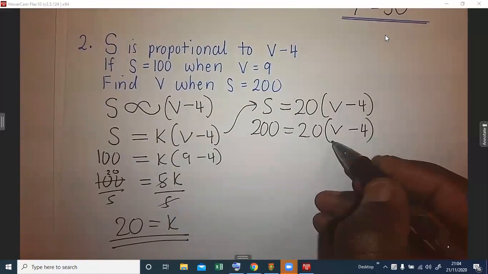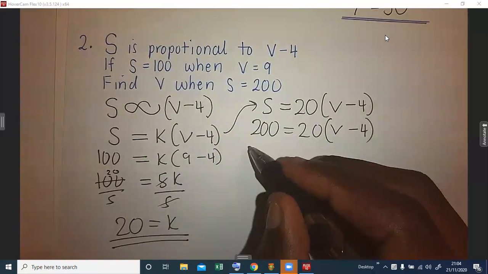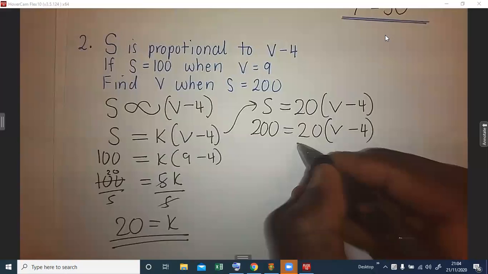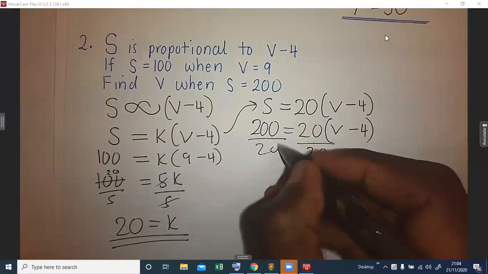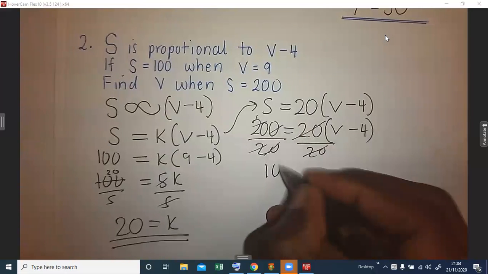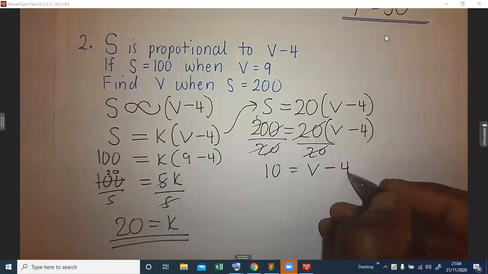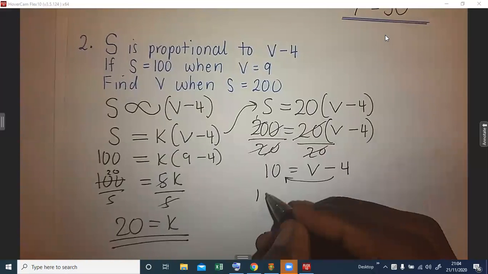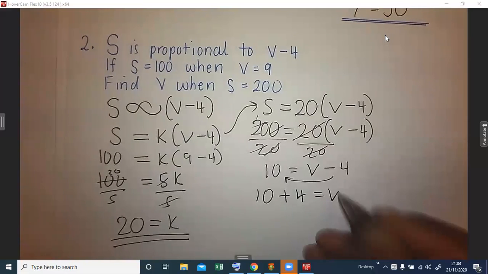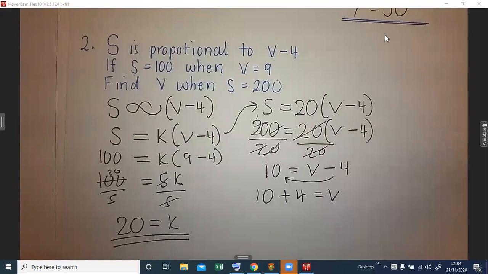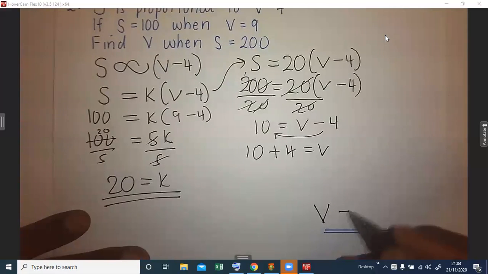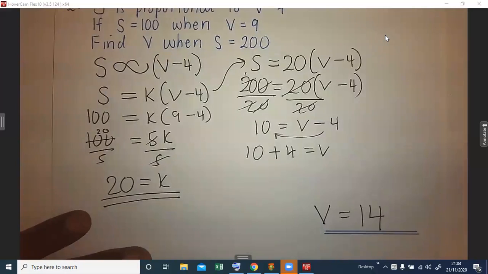You can divide by 20 both sides and it goes away, or you can open the bracket first and then work it out. I'm going to divide by 20 both sides. Then this side is left with 10. So 10 is equal to v minus 4. Then I take 4 to the side of 10. It will add because it is subtracting in the question. Finally, I get my v to be 14.